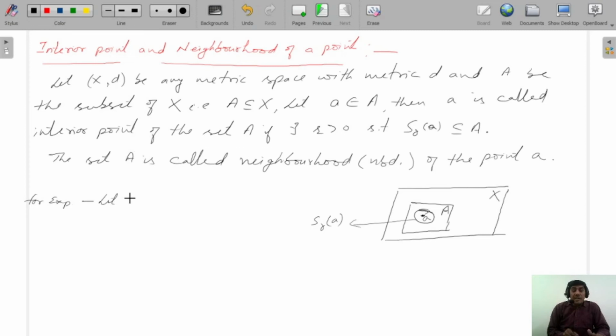For example, let X is equal to capital R, that is, the usual metric space.